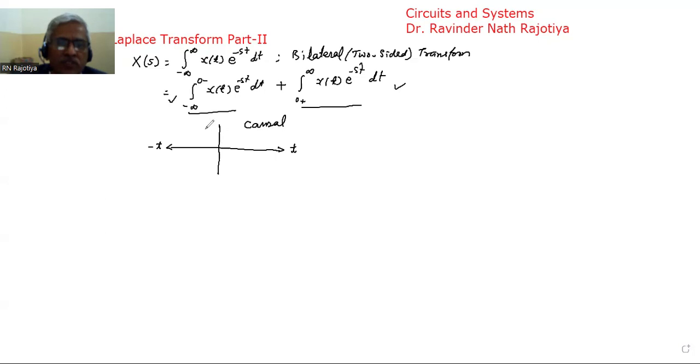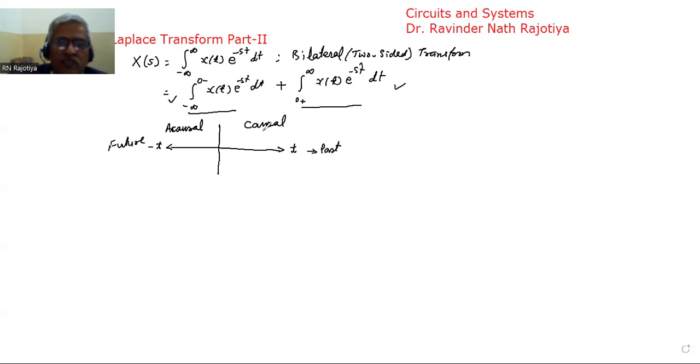If the range falls in this particular plane, then we call that system an acausal or a non-causal system. The positive side represents the past instances, and this side represents the future instances.